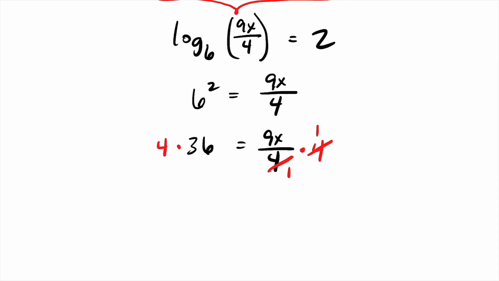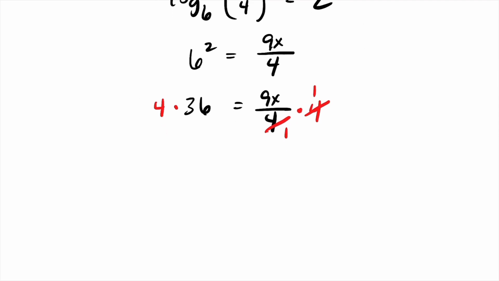4 times 36 is 144. There you go. Yep, that's what I got too. 144 equals 9x. There you go. Now I can divide both sides by 9, and I get x by itself.